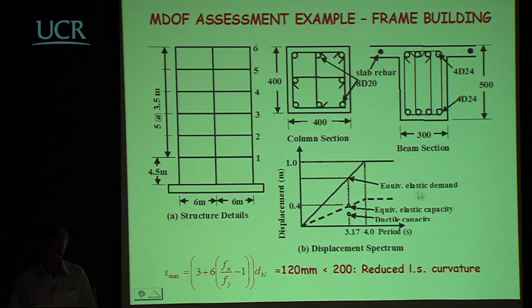Then there's an example shown in your handout, which again I won't bother to go through, but it's a 6-story building with some moderately reasonable detailing, but the spacing of the transverse reinforcement is rather wide, and we come up with a capacity that is significantly different from the required capacity.